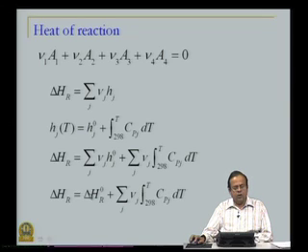Then this reference condition and the actual temperature heat of reactions are not very far from each other. It is true, numerically they will be different, but it is not significantly different. So, with this we now close our discussion on thermodynamics and chemical reactions.